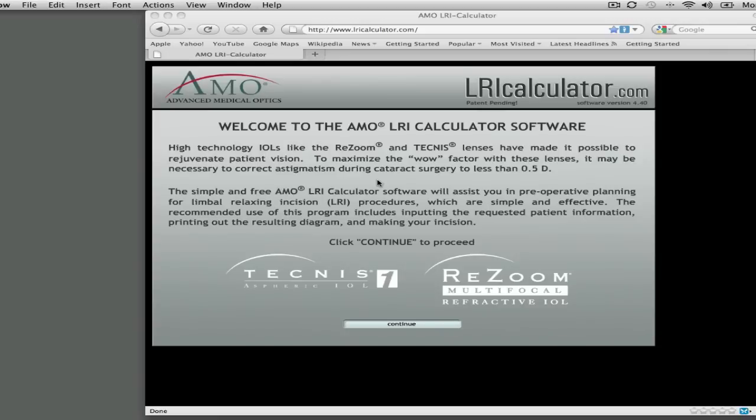This is the IMO site for the LRI calculator. I use this to confirm the calculations I get from the palm scan. The palm scan, in addition to the pachymeter, has an LRI calculator built in. Push continue.